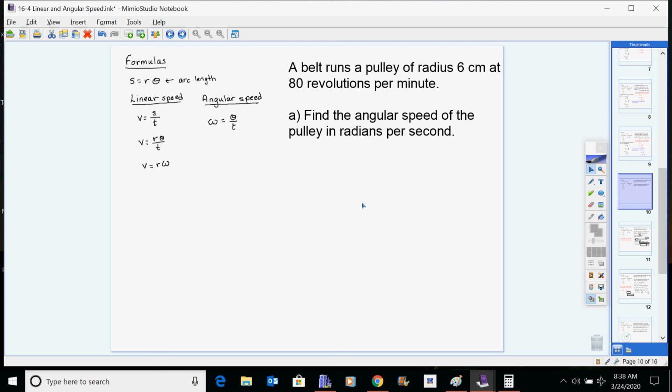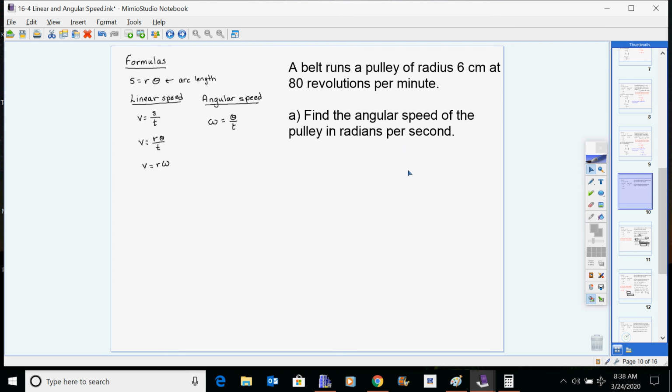But the belt's running around the pulley, and the pulley has a radius of 6 centimeters, and it's going around there at a rate of 80 revolutions per minute. Okay, so that's faster than 1 per second. What we want to do first is find the angular speed of the pulley.